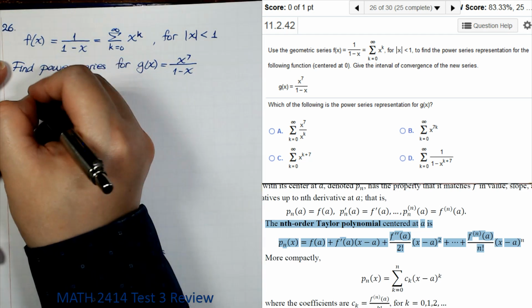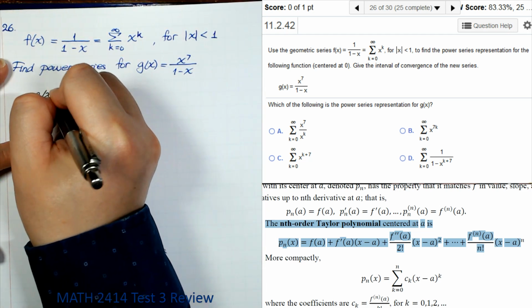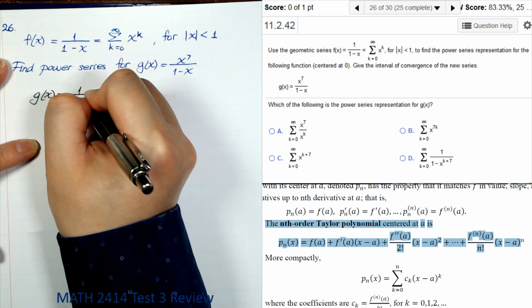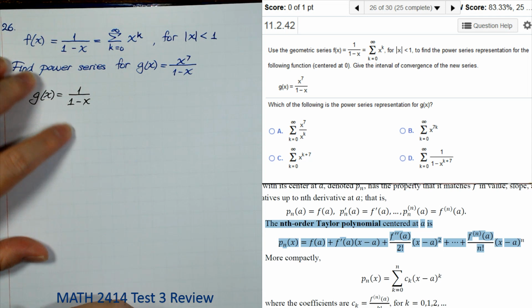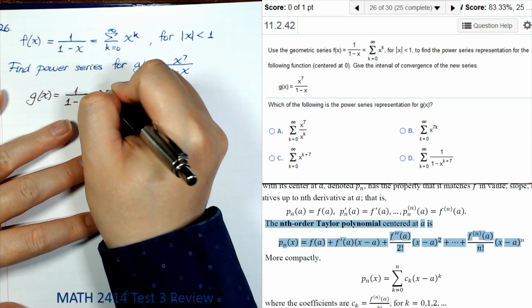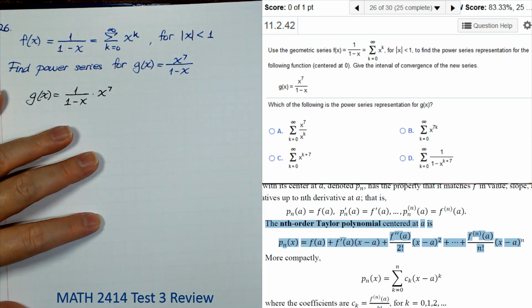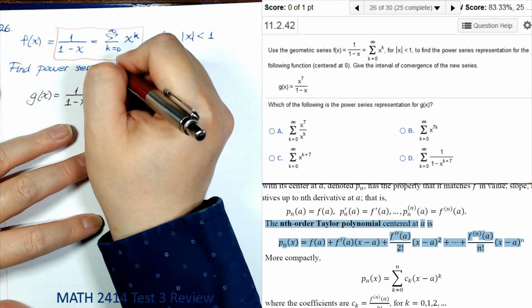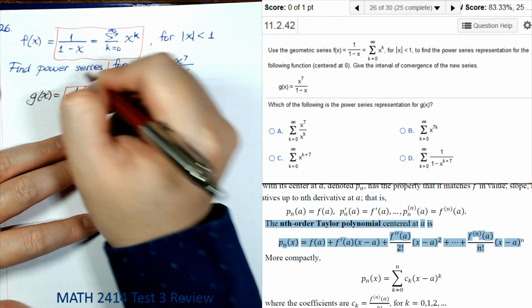So first of all, I'm going to write g of x, move the x to the 7 on the way back, because I need to have that term. And then we have this, which I will substitute into that part.